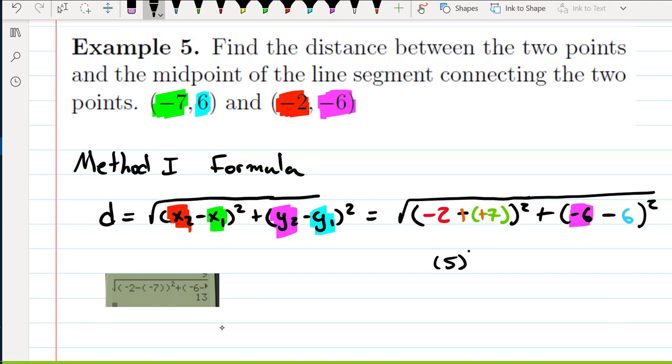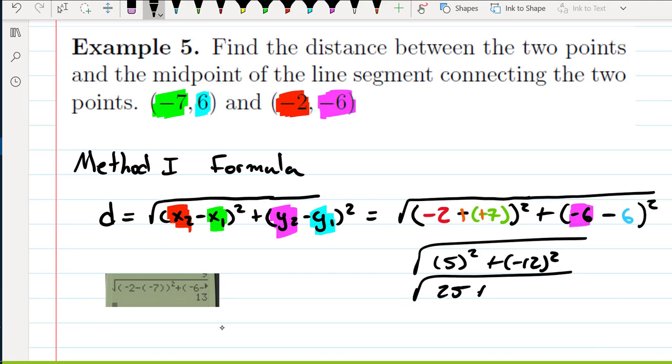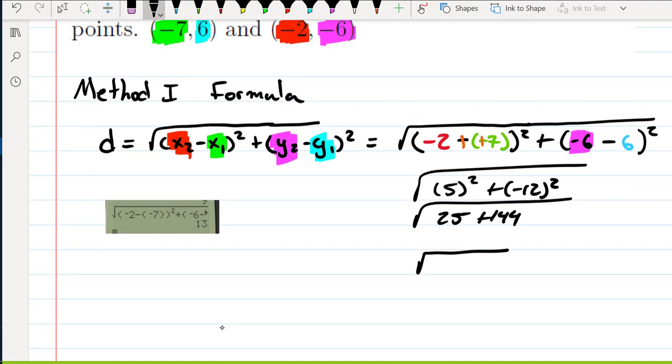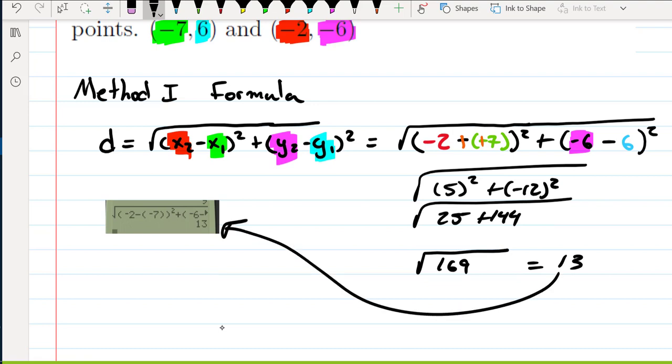So 5 squared, negative 6 minus 6 is negative 12 squared. And then that would be 25 plus 144, which is 169. And the square root of 169 is 13. So indeed, you end up with exactly the same thing.